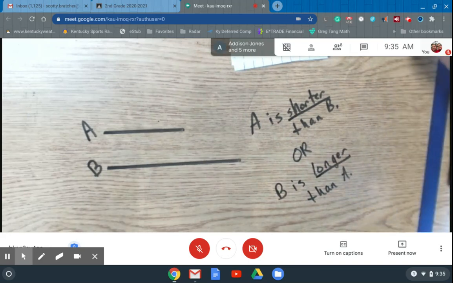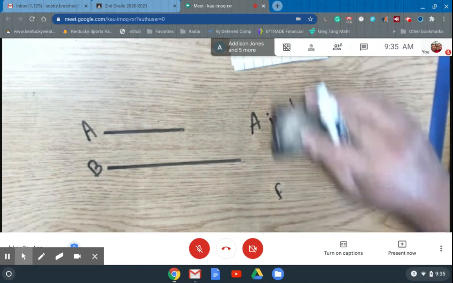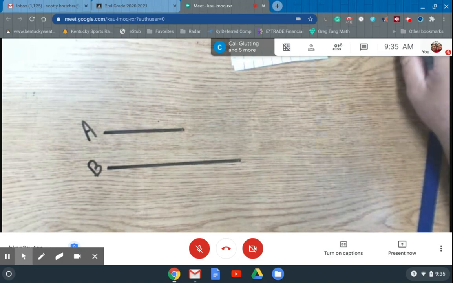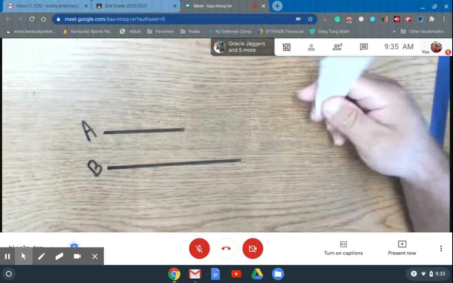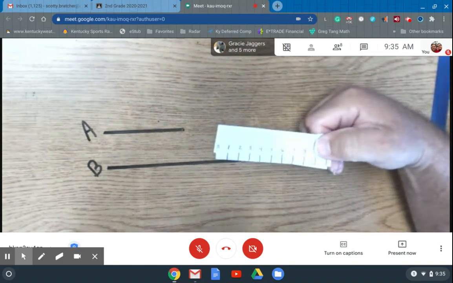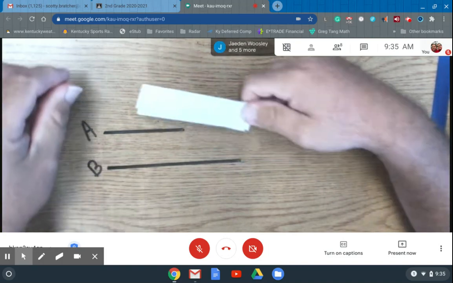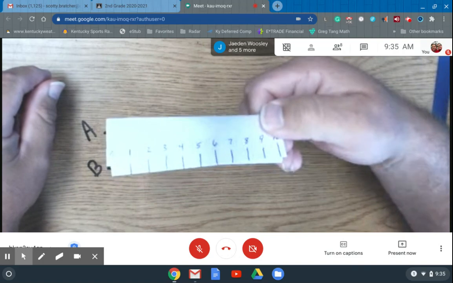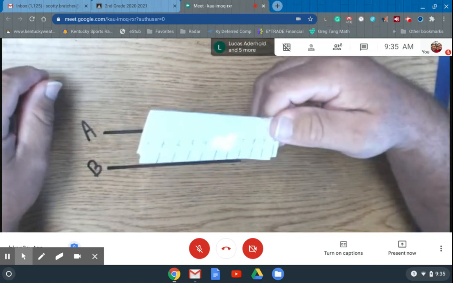Okay? All right. So I'm going to take my centimeter ruler that I made. Okay, this one here. And I know it's kind of reflecty. You can't see it really good today.